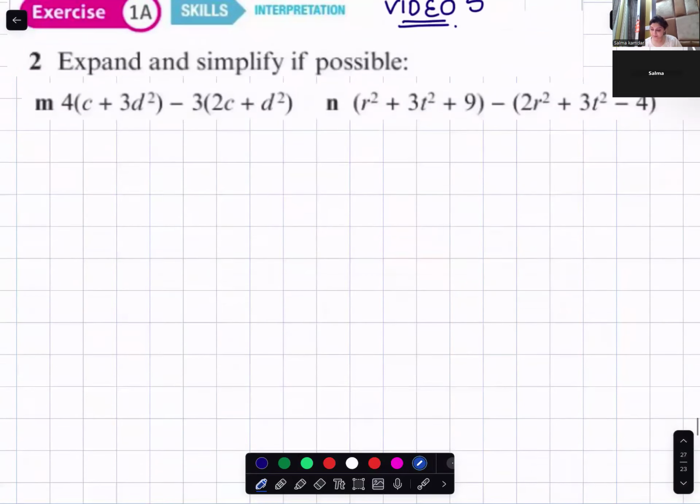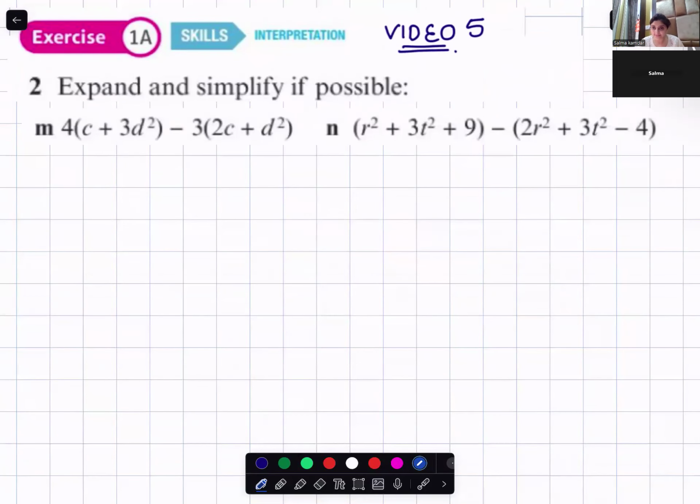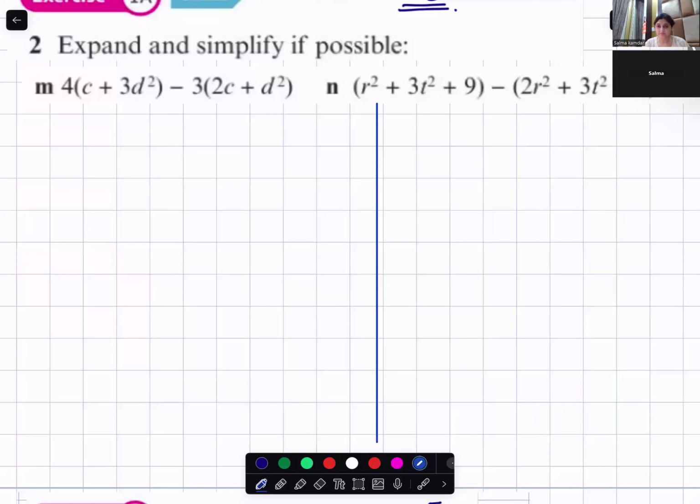You can try the next one, the M and N. Let's do the next sum. M. You have to expand and simplify. 4 would go to c, 4 would go over here. There is a minus sign.